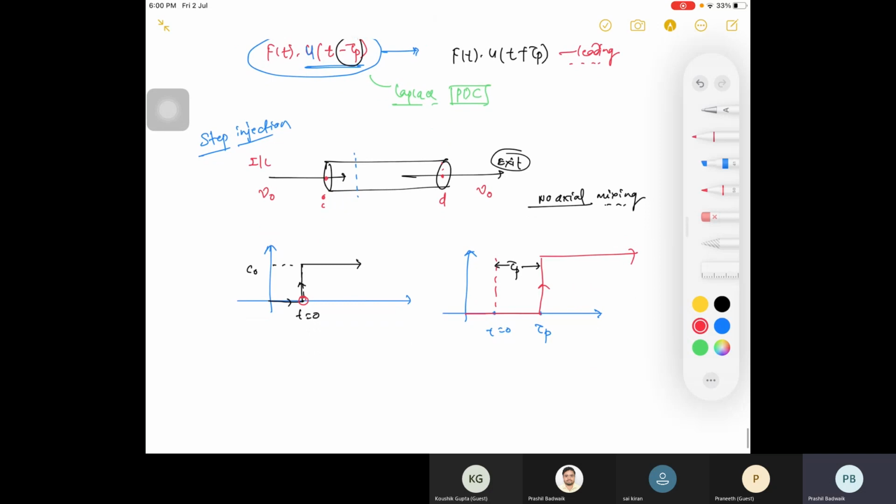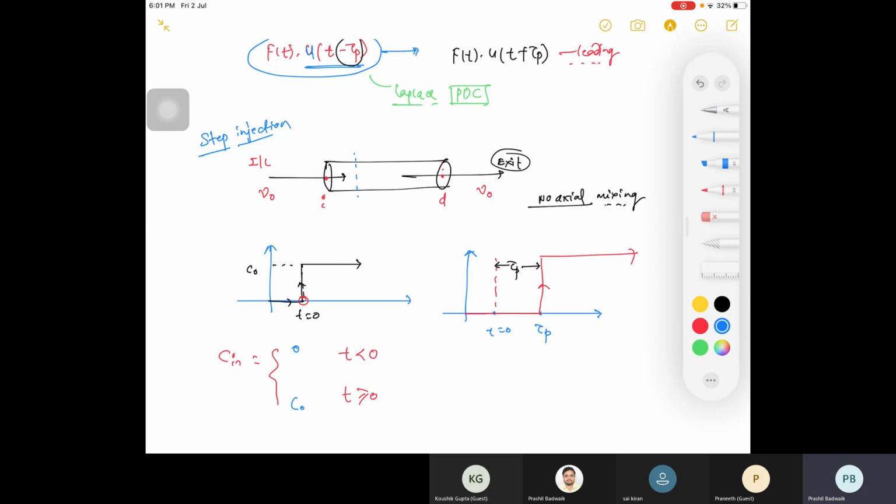So I can write C in is equal to, at t less than 0, or it should be greater than or equal to. What is your concentration when time t is less than 0? You will have a 0 value, right?